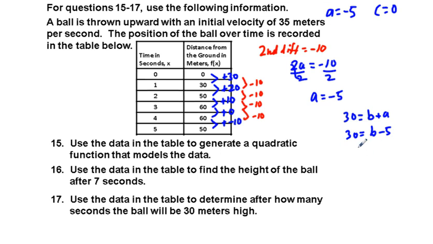So adding 5, we'd say b equals 35. So I'll say b equals 35. So therefore, we would say our equation is going to be f of x equals negative 5x squared minus 35x. And we could just try this out.